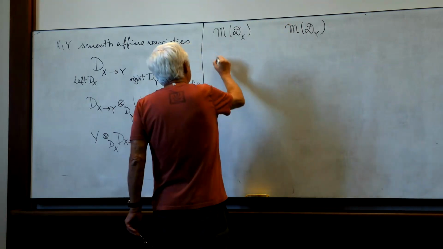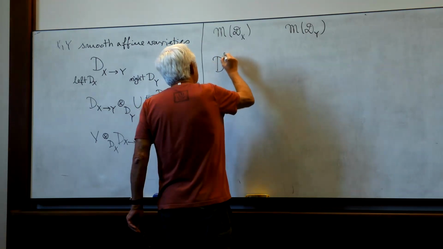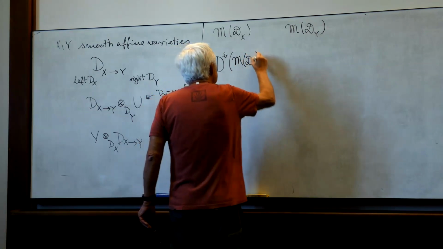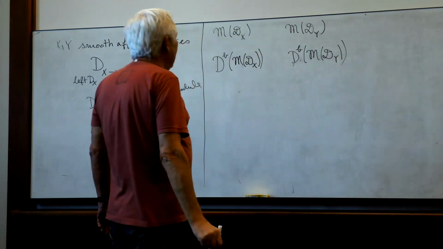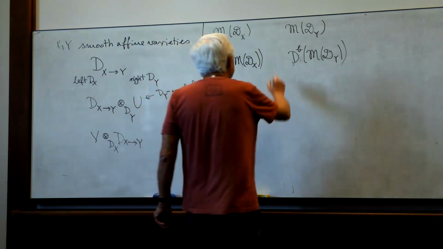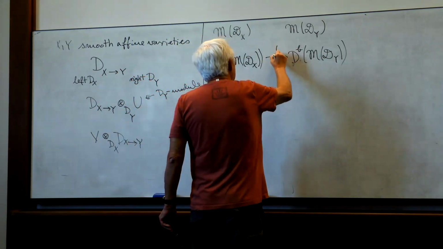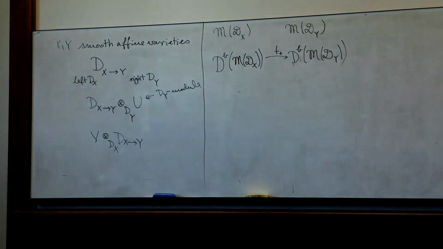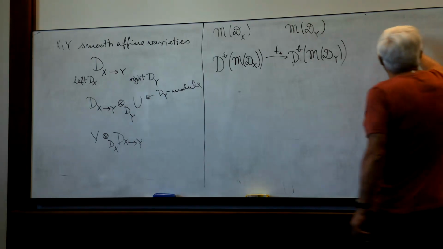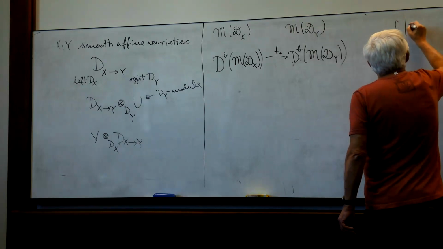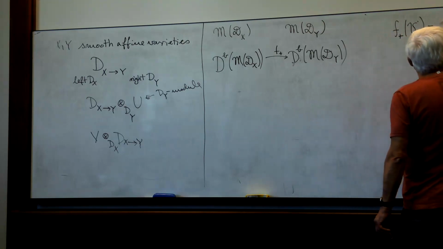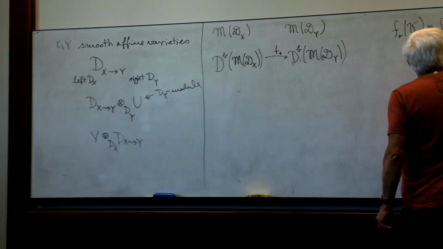so I take the derived categories, and on the derived category, I can define the lower plus by this formula, which is F plus applying some complex V of right D_X modules tensor over D_X.